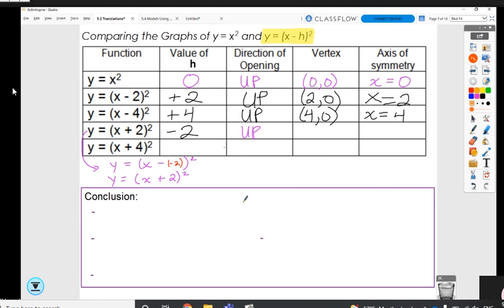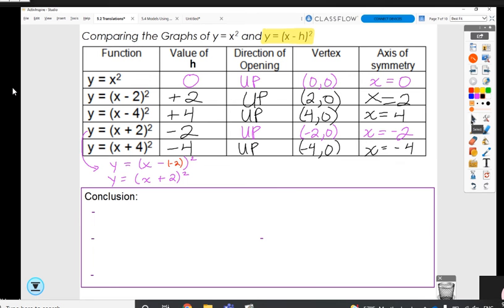The vertex now would be negative 2 comma 0, and the axis of symmetry is x equals negative 2. In this last one, by that logic, the h value is negative 4. This one still opens up. The vertex would be negative 4, 0, and the axis of symmetry is x equals negative 4.